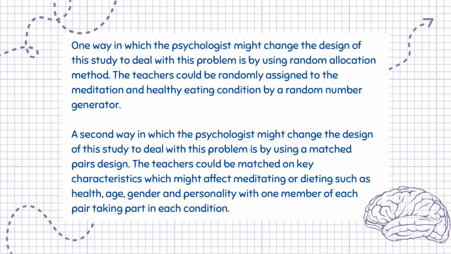The teachers could be randomly assigned to the meditation and healthy eating condition by a random number generator. A second way is by using a matched pairs design. The teachers could be matched on key characteristics which might affect meditating or dieting, such as health, age, gender, and personality, with one member of each pair taking part in each condition.